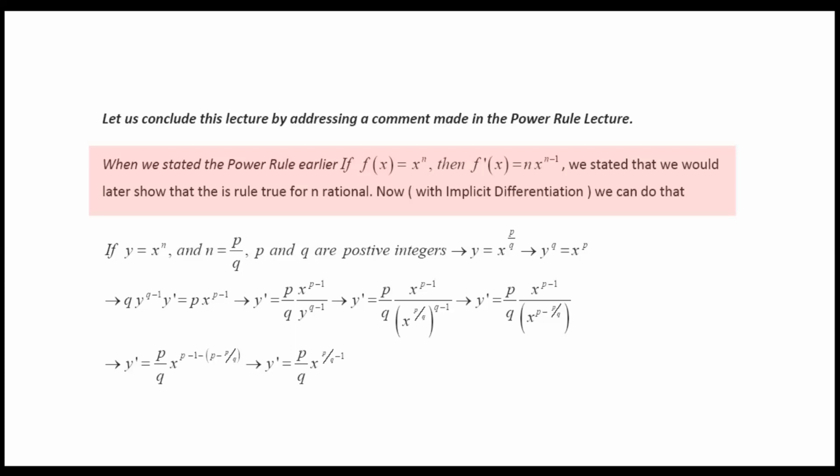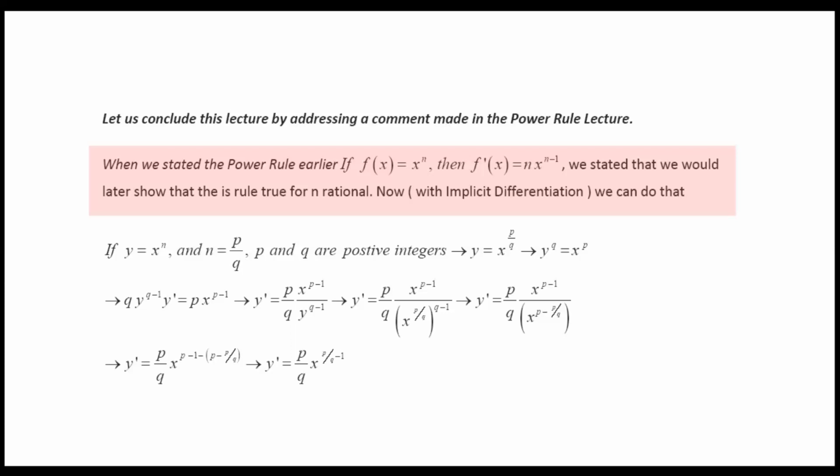Okay, and we said we would address that later. Now, if you've been looking at this series of lectures and you've done the quotient rule, you see that we have taken care of the fact that when n is negative, find that in that lesson.